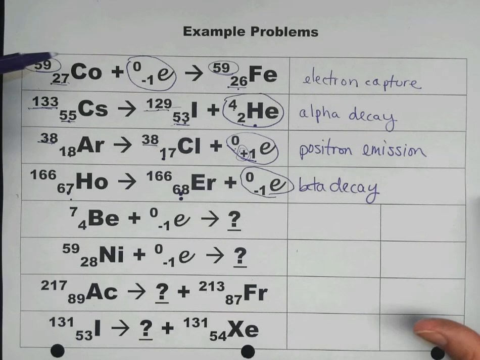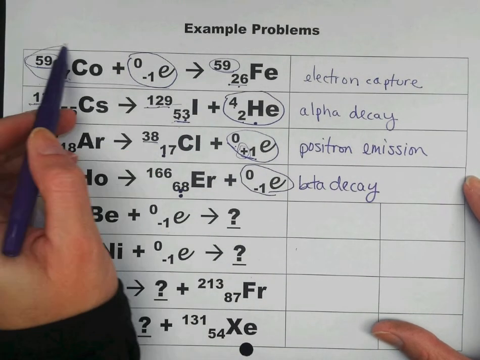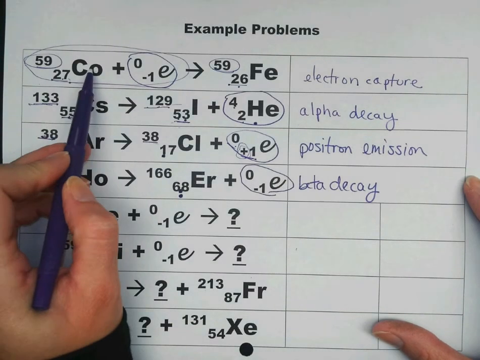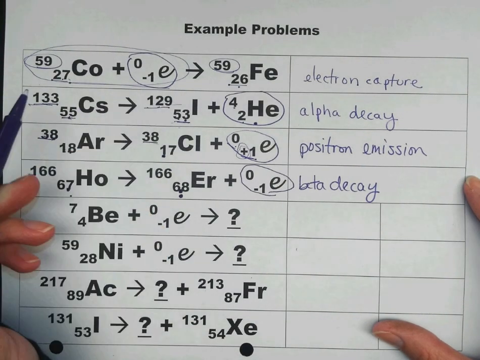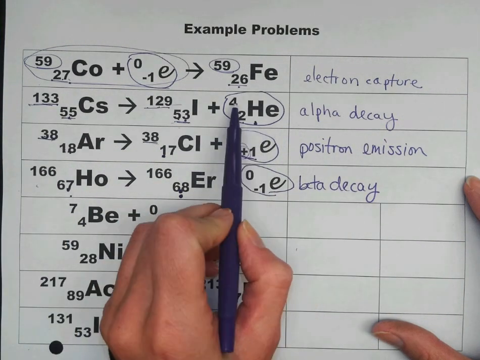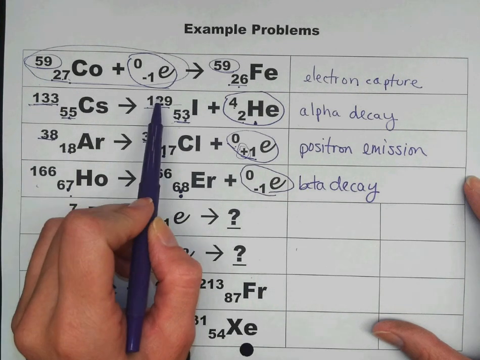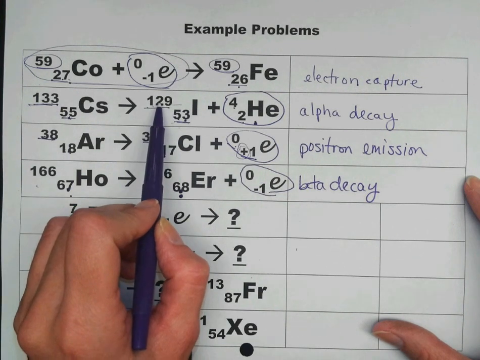So key things about each of these, we have the electron capture right here. We notice this is the only one that has two things in the beginning, Co plus the electron. The thing to pick up for alpha decay, you'll notice that helium nucleus, the 4/2 He, also the mass number changes. Alpha decay is the only one in which the mass number changes.